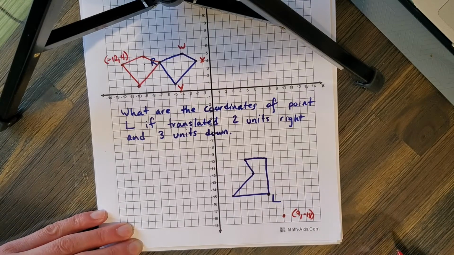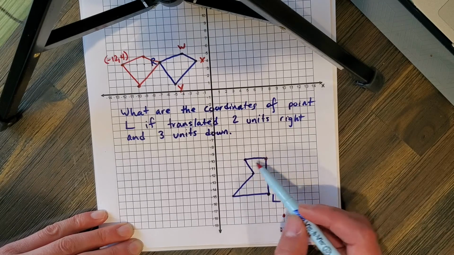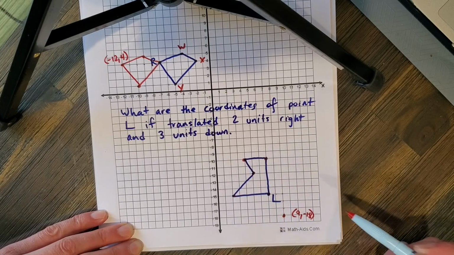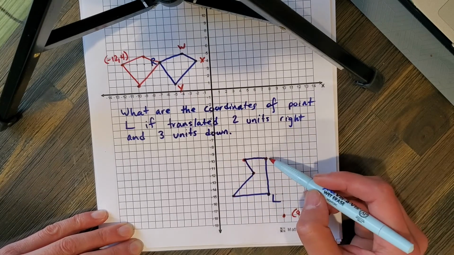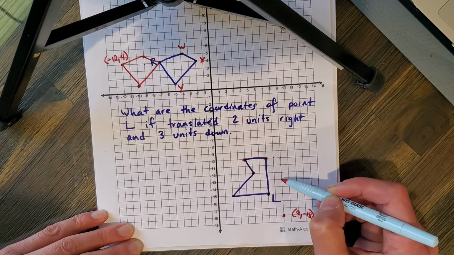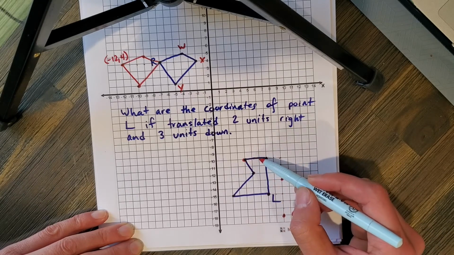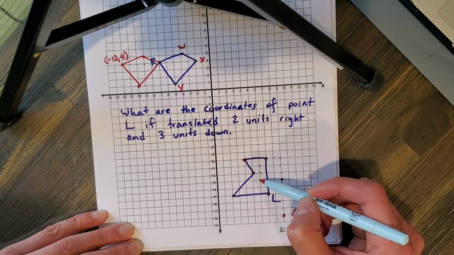See that? Now, if I were to do that to every vertex on this here, then it would just be 2 units right, 1, 2, and then 3 down, 1, 2, 3. Okay, and this would be 1, 2, 1, 2, 3.